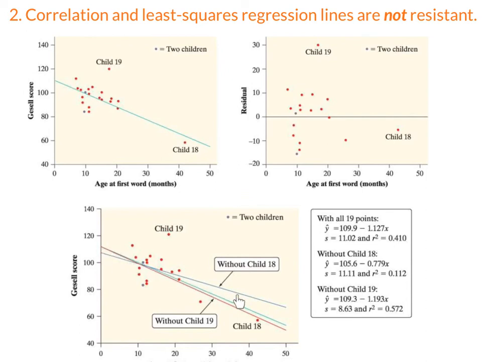Then this blue line here is without child 18, and you can look at their values here. And then this red line is without child 19, which you can look at here. Essentially, all of this information is telling us that with or without outliers, correlation and our regression lines are heavily influenced, so hence not resistant. So beware of your outliers. And also take into consideration what they do to your data.